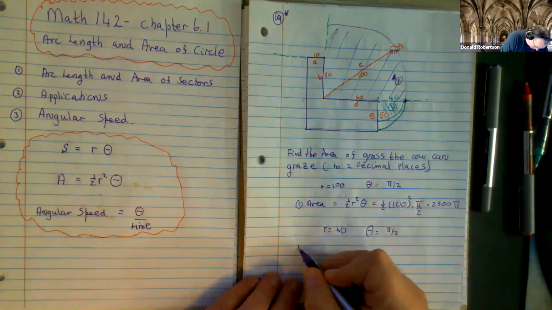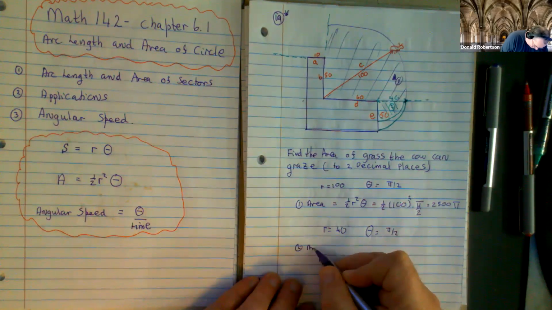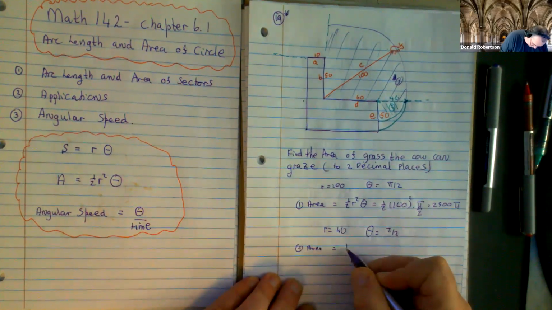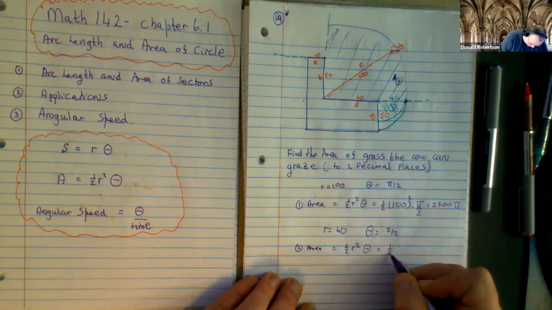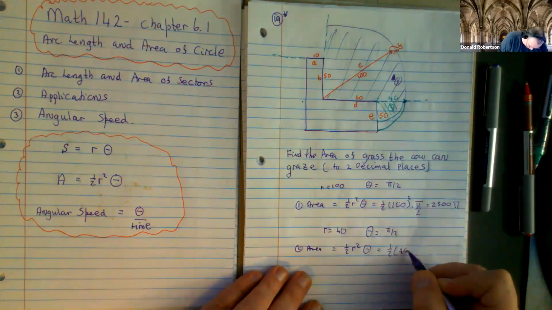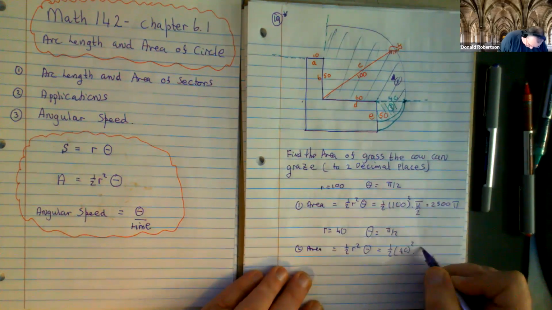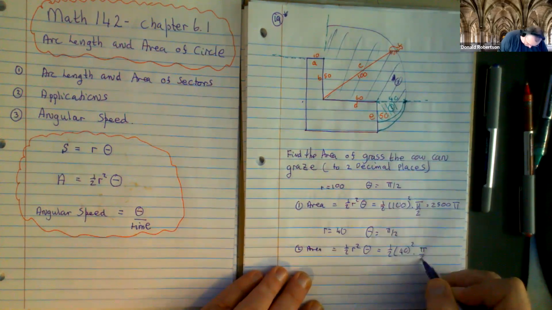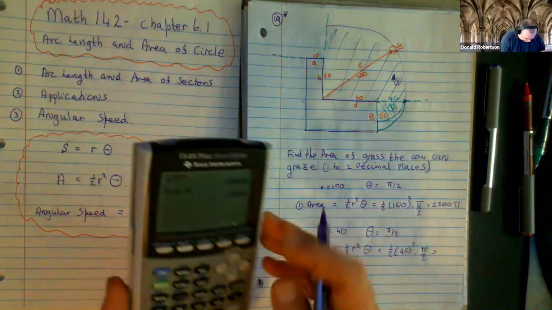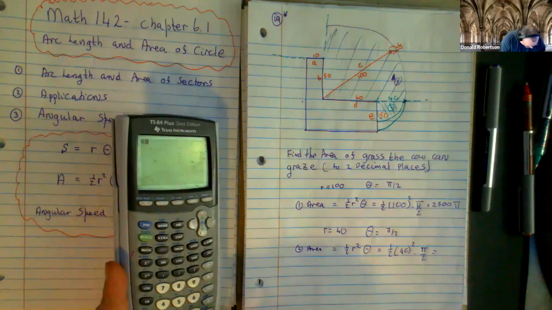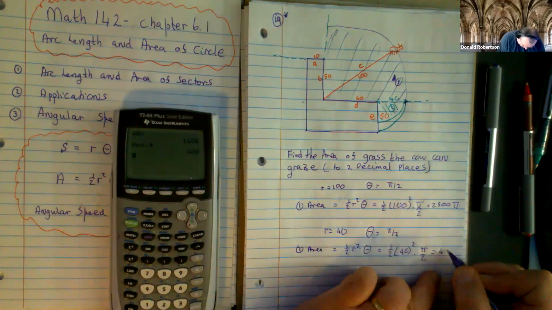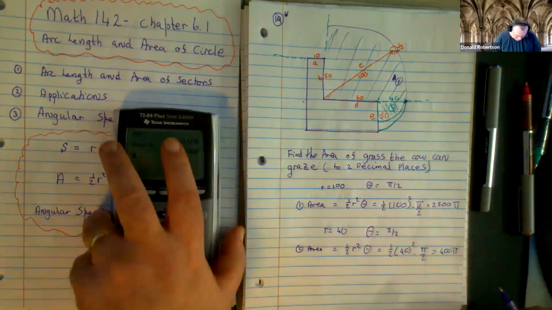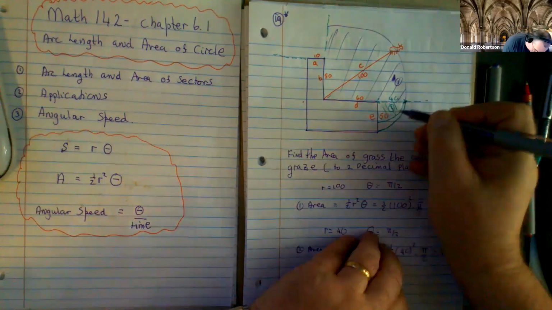And so the area of 2 is 1/2 radius squared theta, 1/2 times 40 squared times theta. I'll go to my calculator and see what that is. You do 40 and you square it, you get that, divided by 4, you get 400 pi. Okay, so that bit's done.